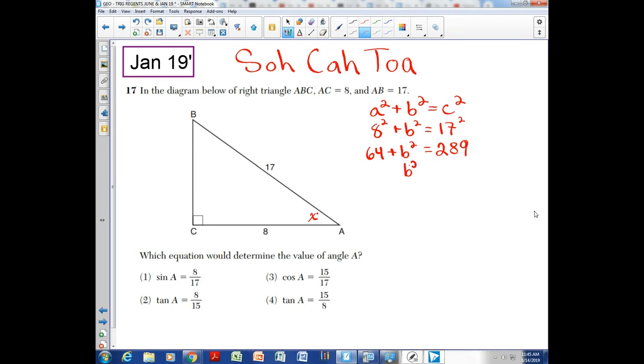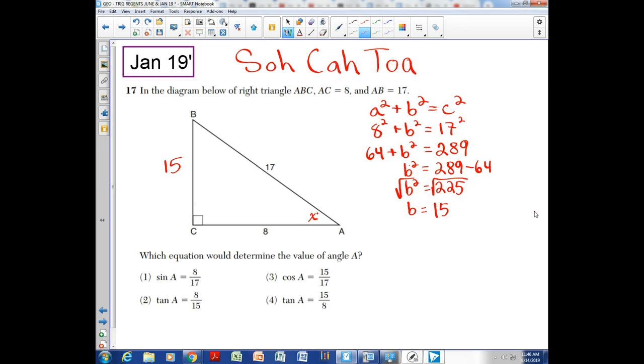Our b squared is equal to 289 minus 64, which is 225. The opposite of a square is a square root. And we get b is equal to 15.